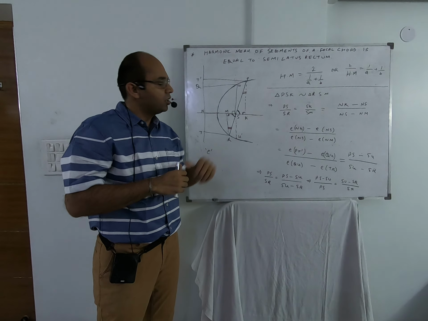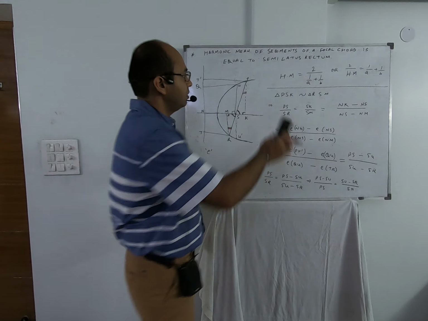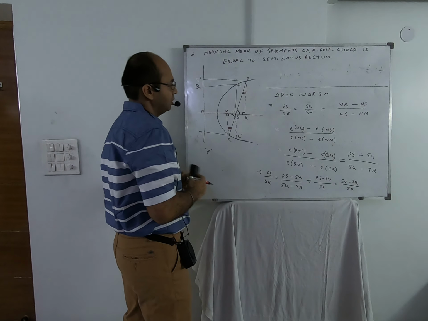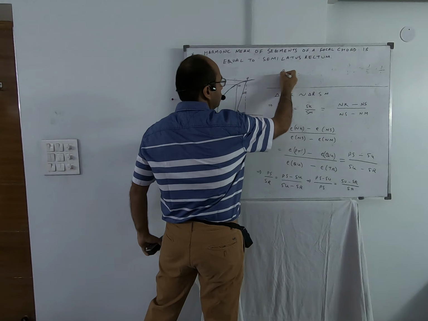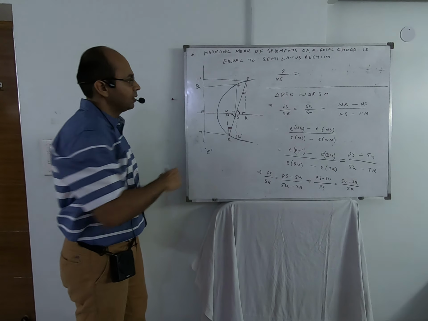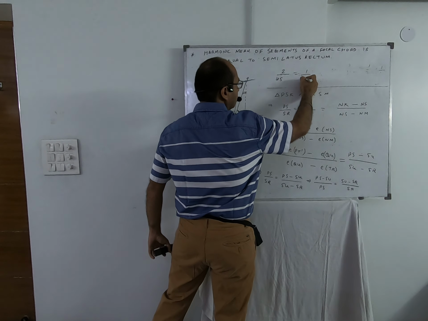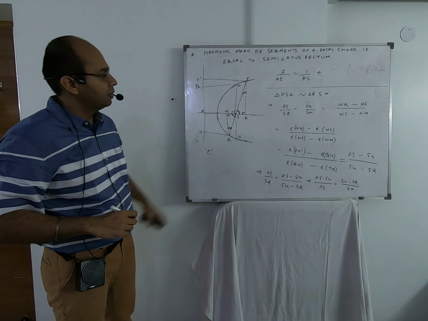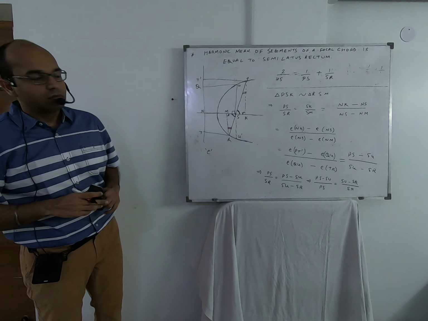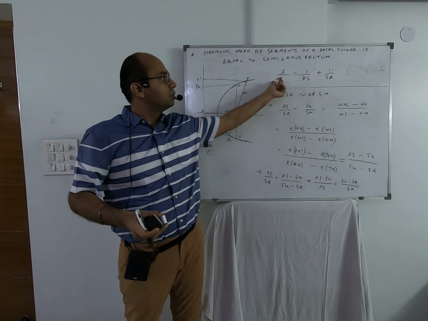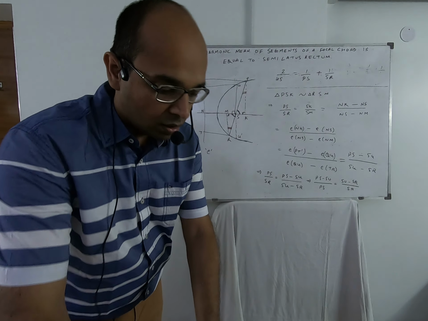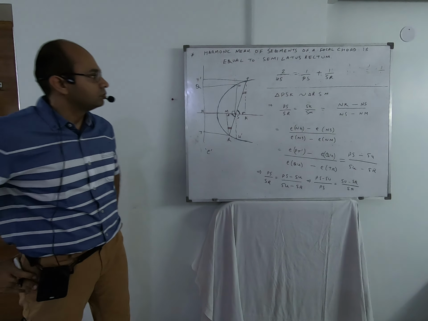Now if I rephrase my question, I have to prove that 2 upon semi-latus rectum US must be equal to 1 upon PS plus 1 upon SR. Right? The harmonic mean of which two numbers should be US? PS and SR.